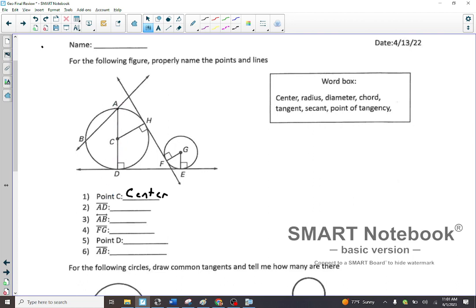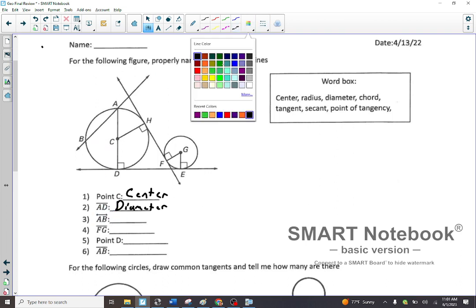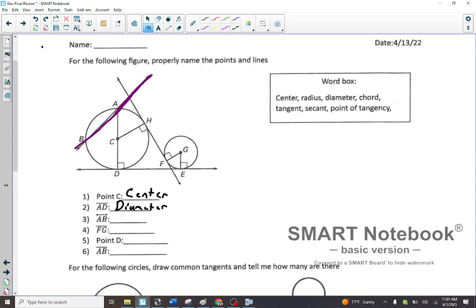AD goes from the edge to the edge of the circle, and it passes through the middle, so it's a diameter. Now, AB with arrows means I go in and out of the circle. With arrows, it's a secant.